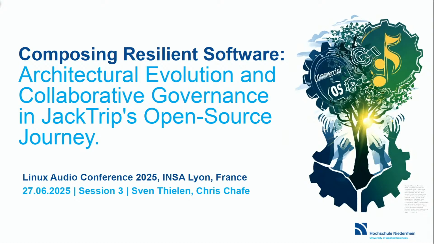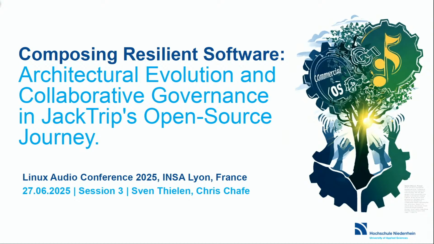Today we'll explore JackTrip's resilience through architectural evolution and collaborative governance using the phenomenon of architecture erosion in free and open source software as our lens. I started investigating this research topic during my master's thesis, supervised by Chris Schaaf, who I would have been glad to meet here in person, but maybe he's watching, and I can send some warm regards this way.